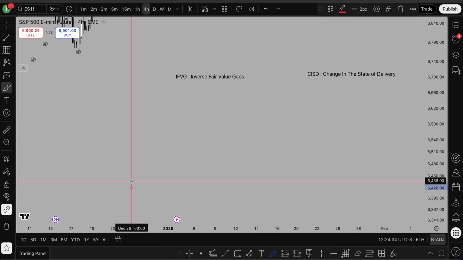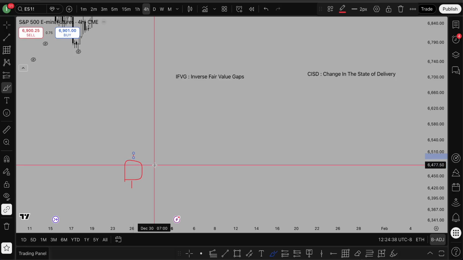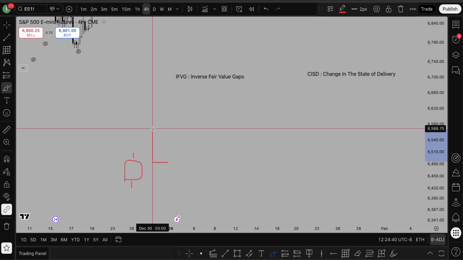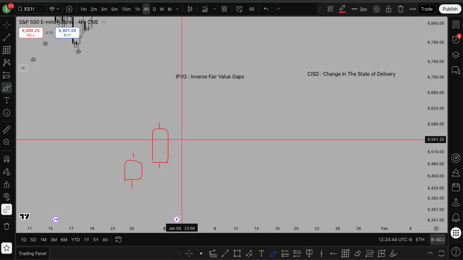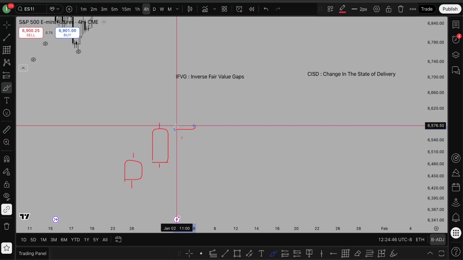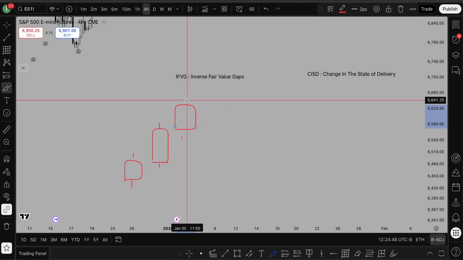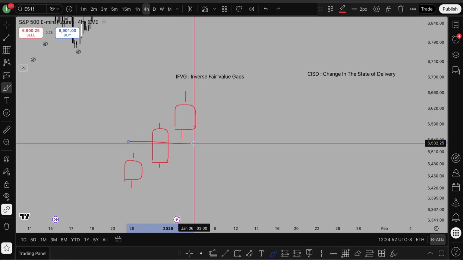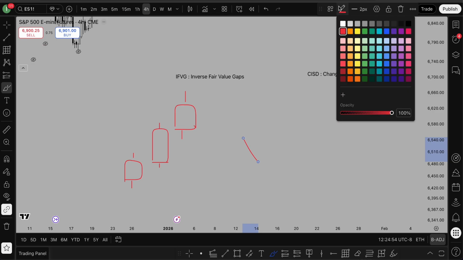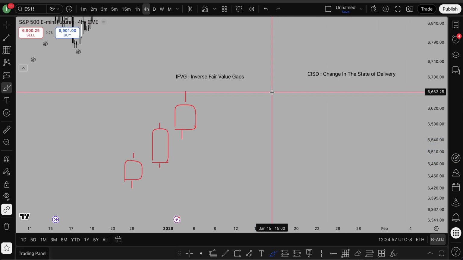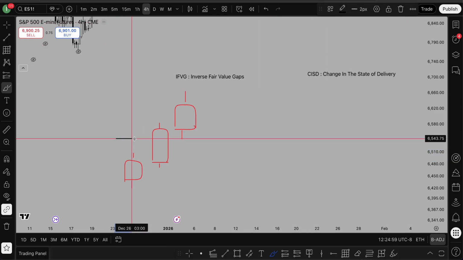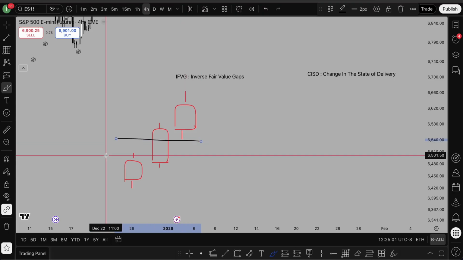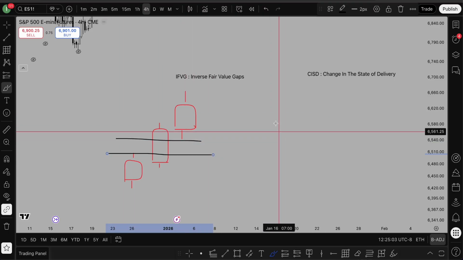So as we know, fair value gaps are looking like this. So we have our second candle, and then we will have our third candle, right? So there we go. There's our third candle, and then we mark it out just like this. So let me change my color, right? So we have it just like that, all right?